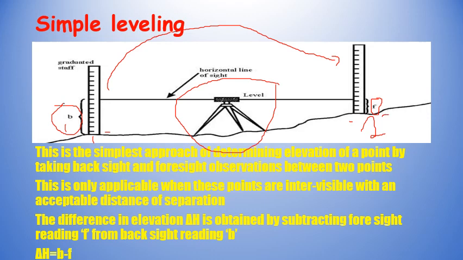So from this formula, the difference in elevation, delta H, is obtained by B, the backside, minus F, the forward side. By doing that, you'll be able to come up with the difference in elevation between point 1 and point 2. Remember, we are taking the direction of 1 to 2. So the difference in elevation between 1 and 2 is backside at 1 minus forward side at 2.